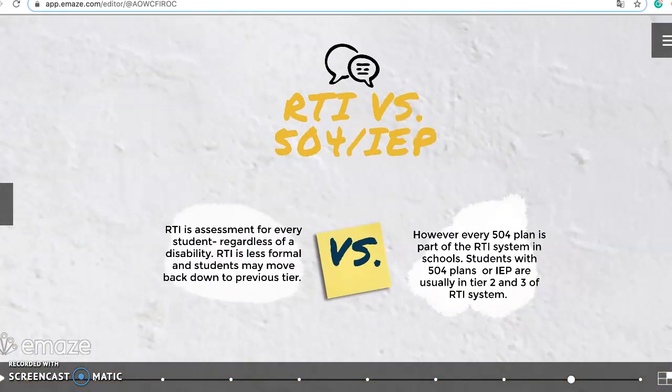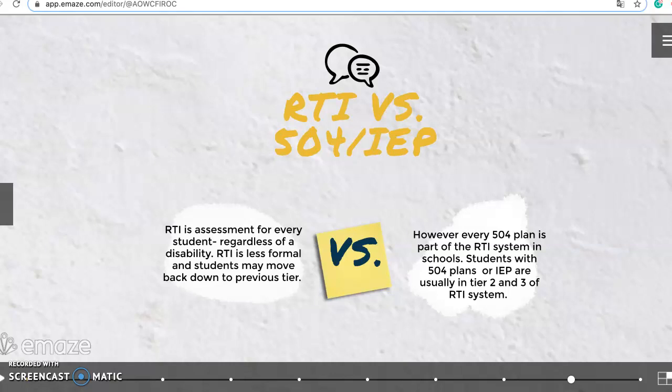The RTI against the 504 and the IEP is a very unique system. The RTI involves every student, and it's done in every general education classroom, or at least it should be. And every teacher has their own measures in place. It's less formal, and it provides students a way to move back down to the previous tier if they are making progress.